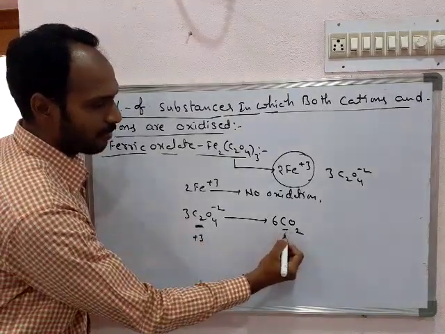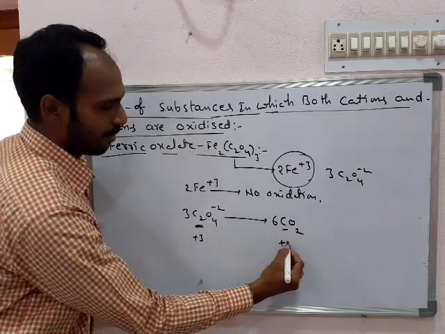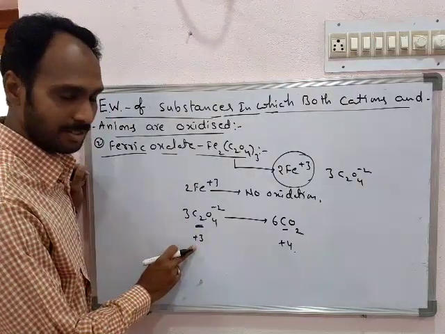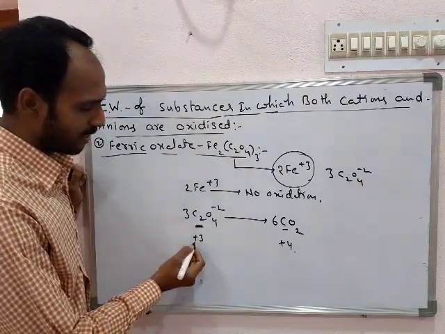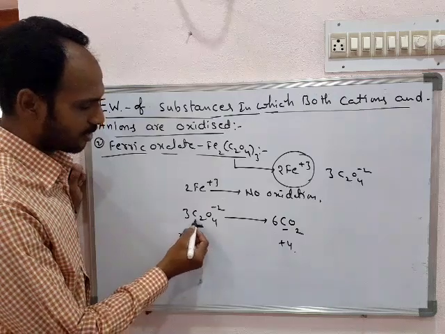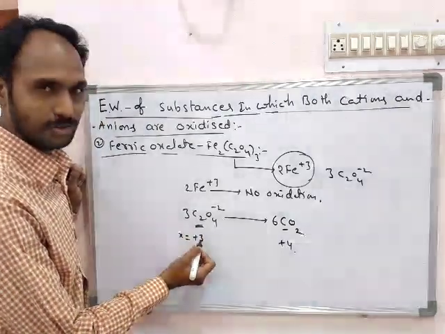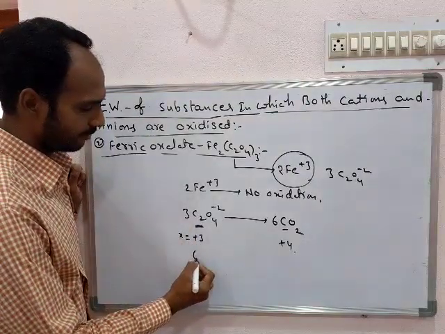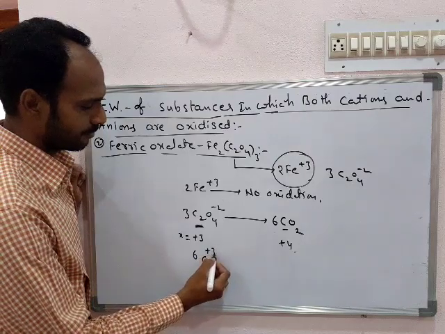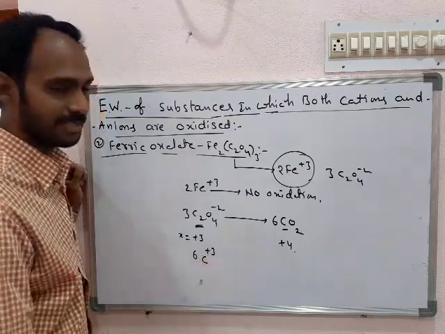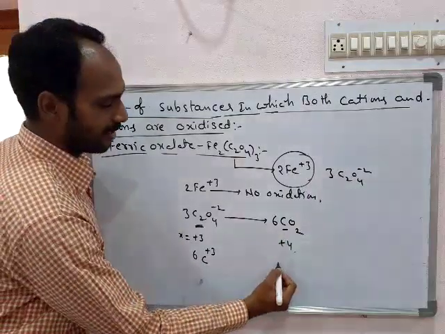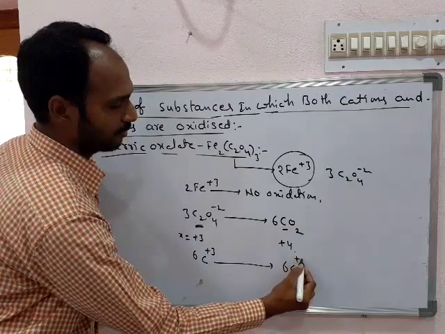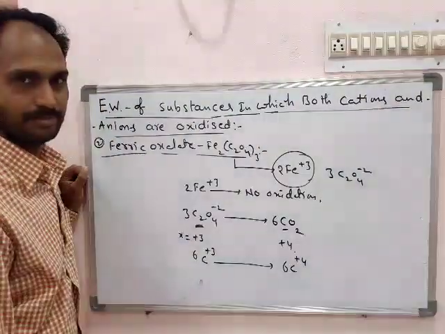The oxidation number of carbon here is +4. So 6 carbons are having +3 oxidation number, and again these 6 carbons are having +4 oxidation state.